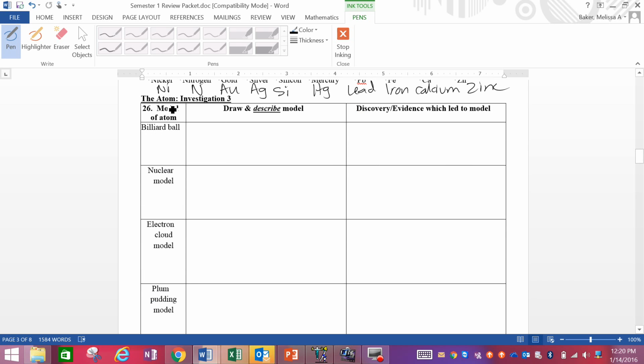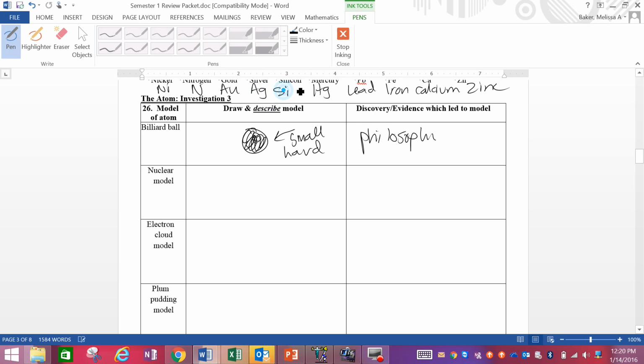Okay? Going back to the models of the atom, billiard ball. They used to think that atoms were small, hard spheres. No charges. How did they think that? Basically, it was just philosophy.